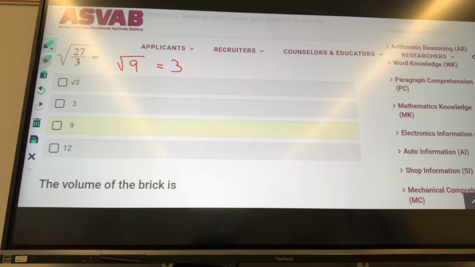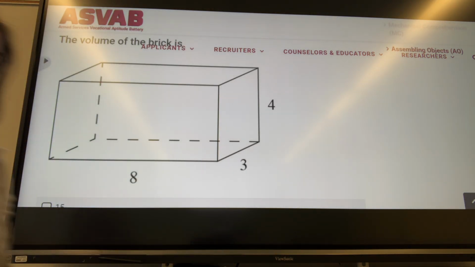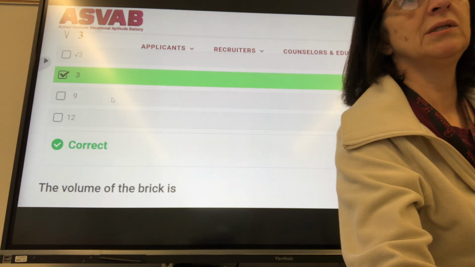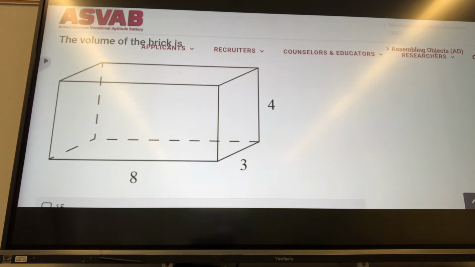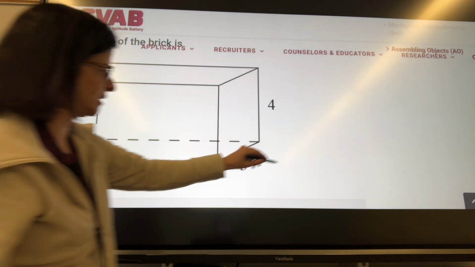So I just checked that, 3 is the correct answer. My next question is asking for the volume of this brick. You should know that in order to find the volume of a prism, we can multiply length times width times height.